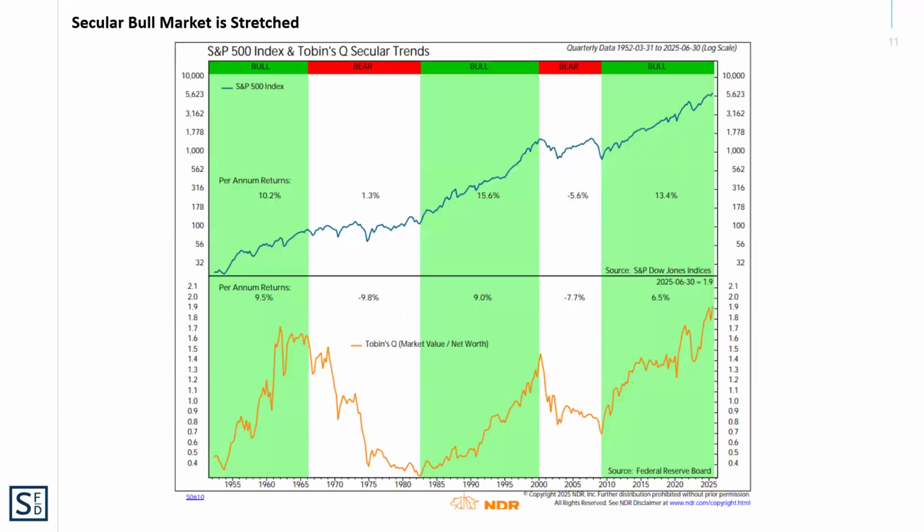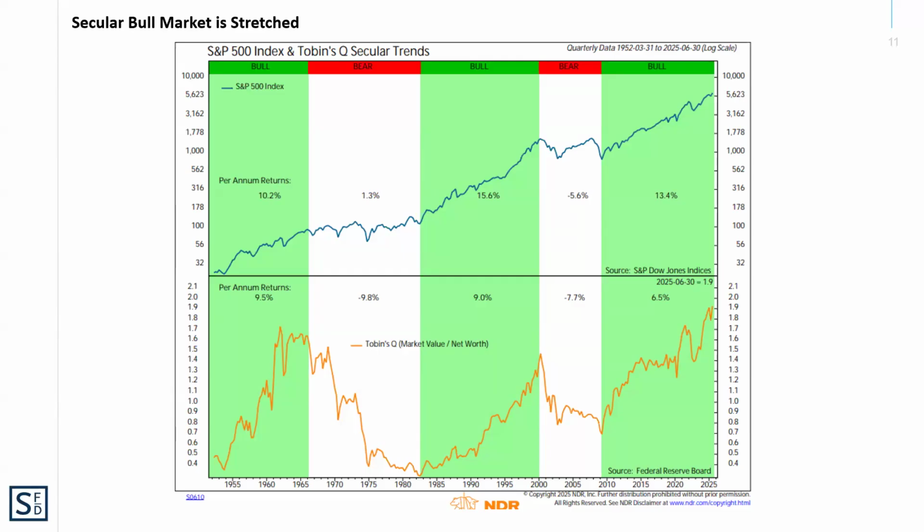Now, that said, the secular bull market, which comprises potentially decades of time, does look quite stretched to us. So we can see here in the top clip that since the secular bull market got started at the low of the global financial crisis, the market's returned 13.4% per annum, and that's not even inclusive of dividends.